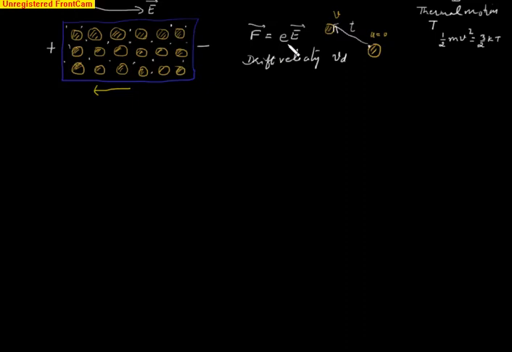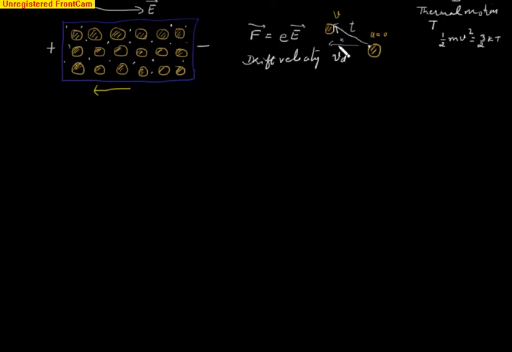Now, due to this force, if one electron collides with one core, then it moves this side and collides with another core. Naturally it is not going along the x-axis, but it is going oblique to the x-axis. But in this course, it will certainly cover some distance along the x-axis.